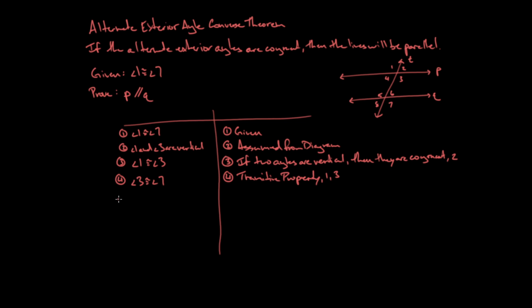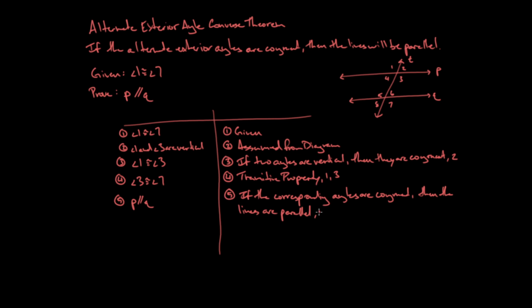So I can jump right to statement number 5, which is that P is parallel to Q, and the reason is that if the corresponding angles are congruent, then the lines are parallel. Perfect. And that links back to 4.